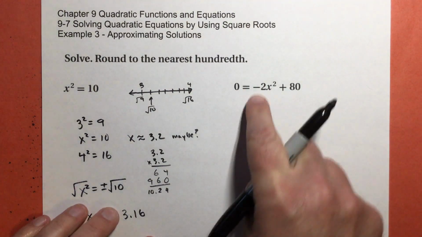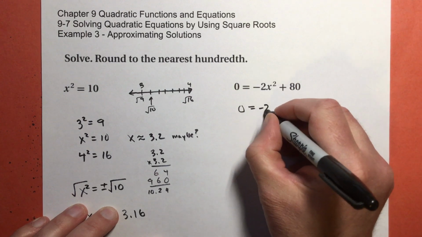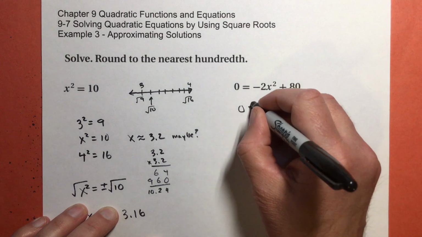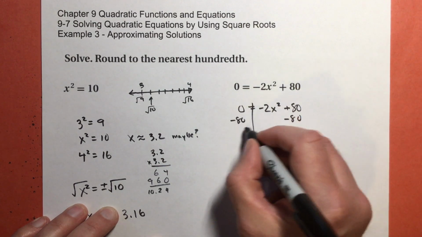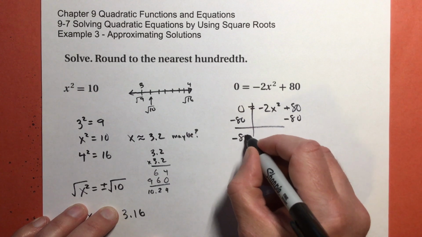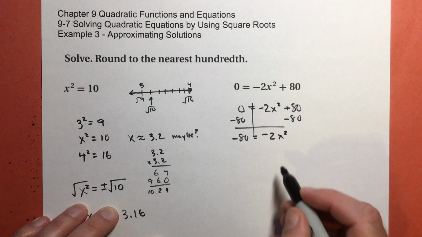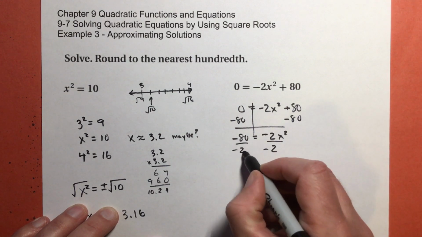So let's do the next one. I've got 0 equals negative 2x to the second power plus 80. I'm going to add negative 80 to both sides and get negative 80 equals negative 2x squared. I'm going to divide both sides by negative 2.